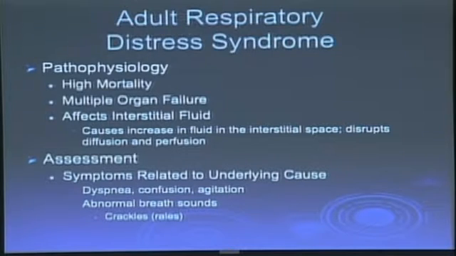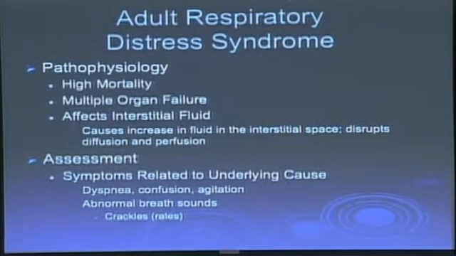The basic problem, though, is it starts out with your interstitial fluid increasing, which disrupts diffusion and perfusion. So, in assessing the patient, my assessing the patient, symptoms are related to the underlying cause, so dyspnea, confusion.